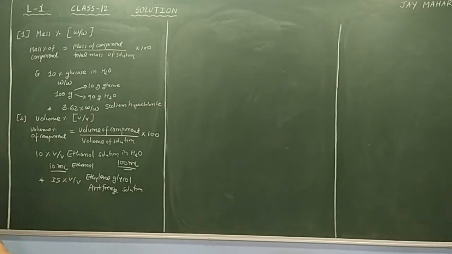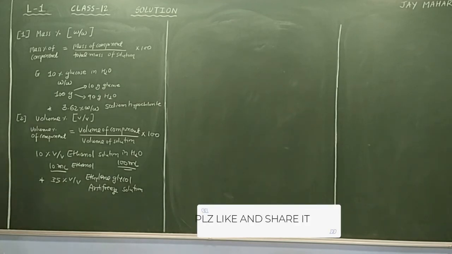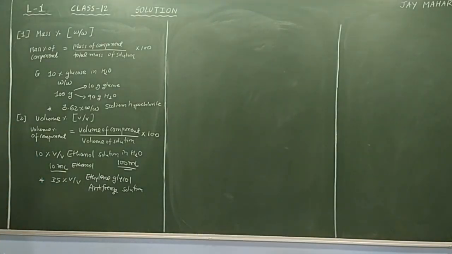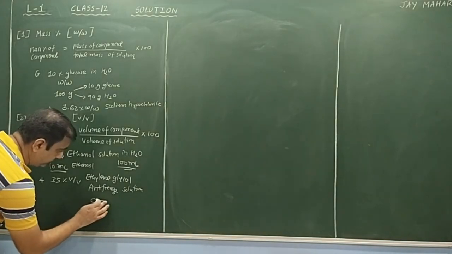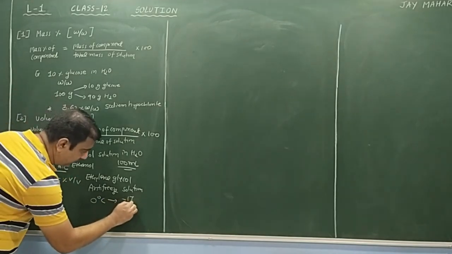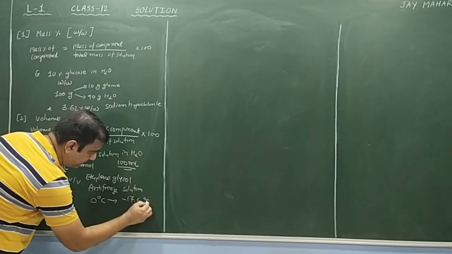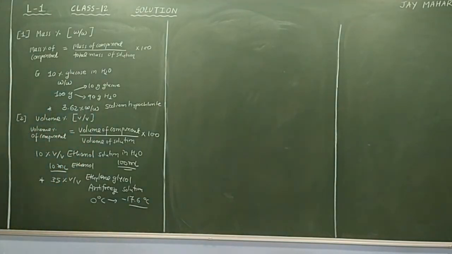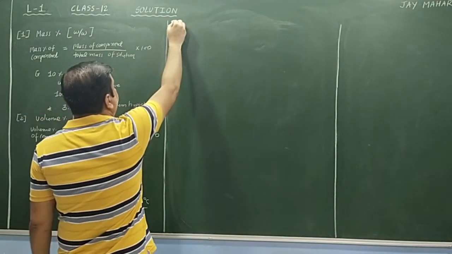This solution decreases the freezing point of water. The freezing point of water is 0 degrees Celsius, but this solution decreases it to around minus 70.6 degrees Celsius. Here, a 35% V by V solution is 35 ml of ethylene glycol dissolved in water such that the solution volume is 100 ml.